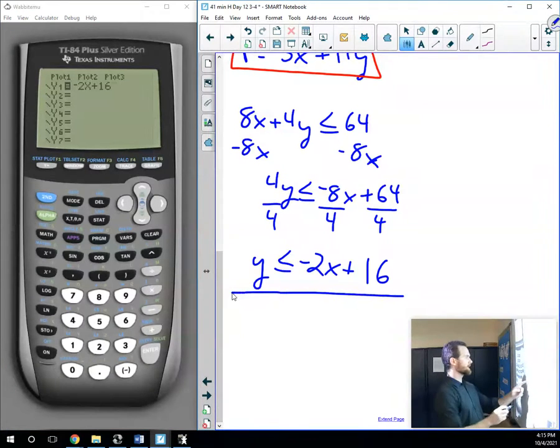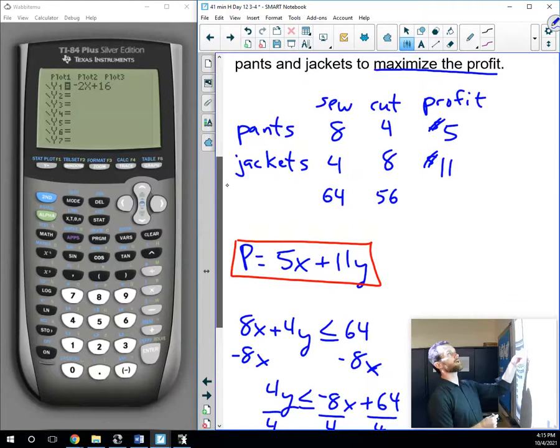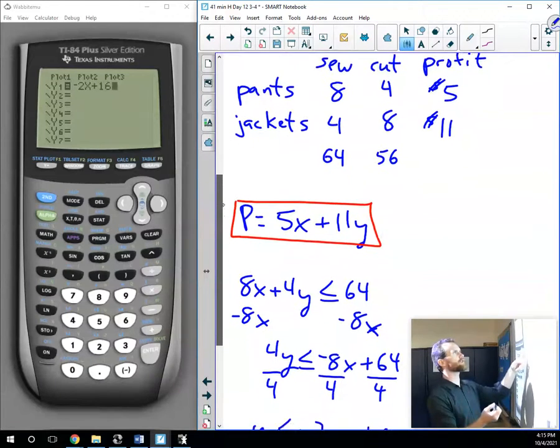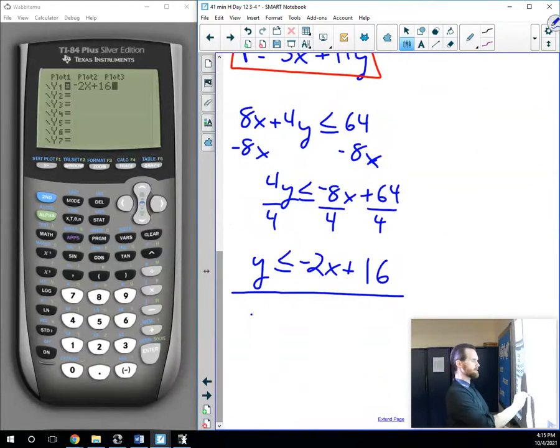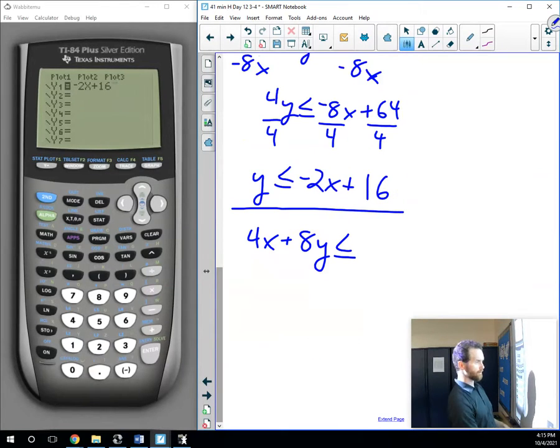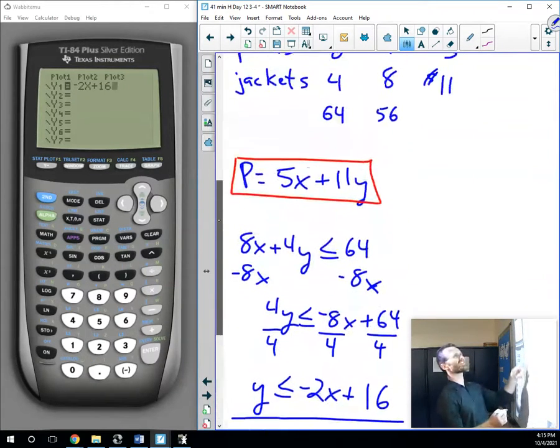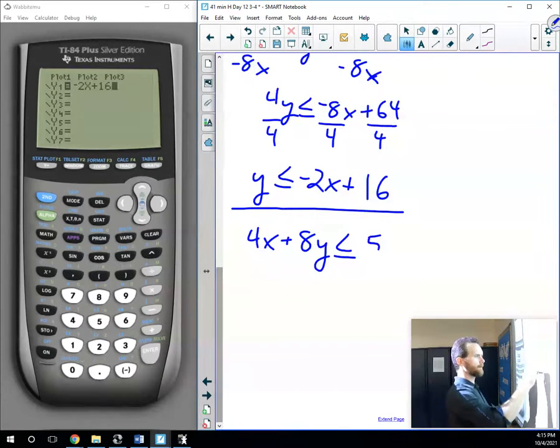The second constraint is going to be the amount of time we have for fabric cutting. So that's 4x plus 8y is less than or equal to, was it 56? Yeah, 56. Get y by itself. So let's see, take away 4x.